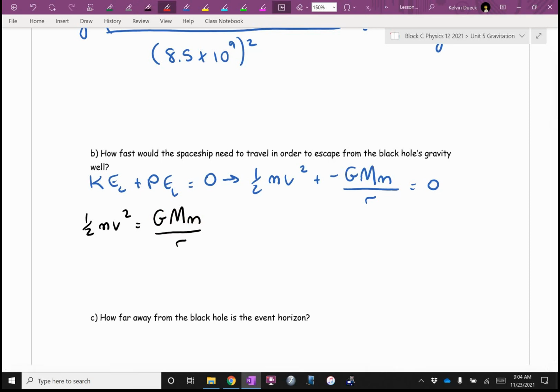To escape from a planet, all of your kinetic energy has to be turned into the potential energy required to get to 0, infinity. So that kind of makes sense. They didn't need to tell me the mass of the spaceship. Get the v by itself, times by 2, or yes, Owen, divide by 0.5, but I would times by 2 here, square root.